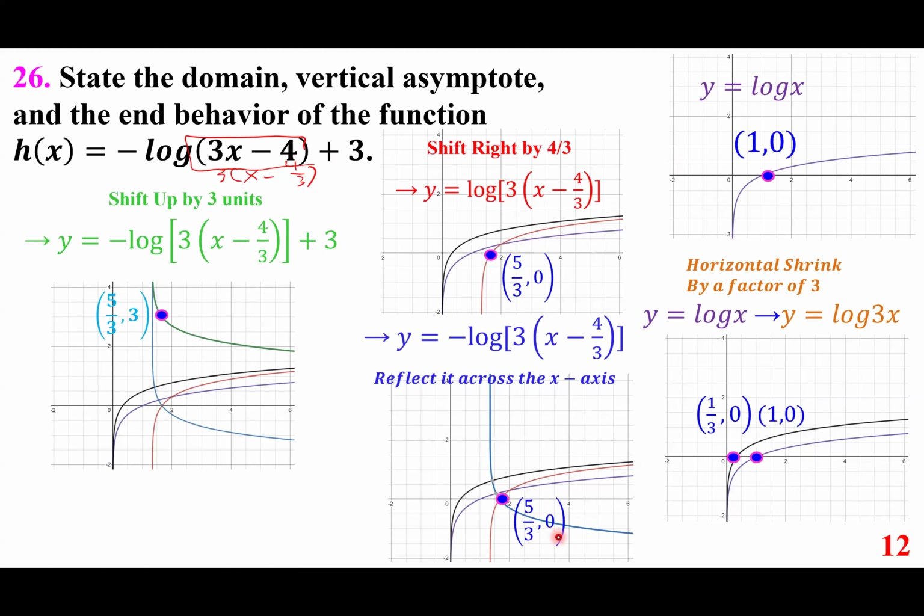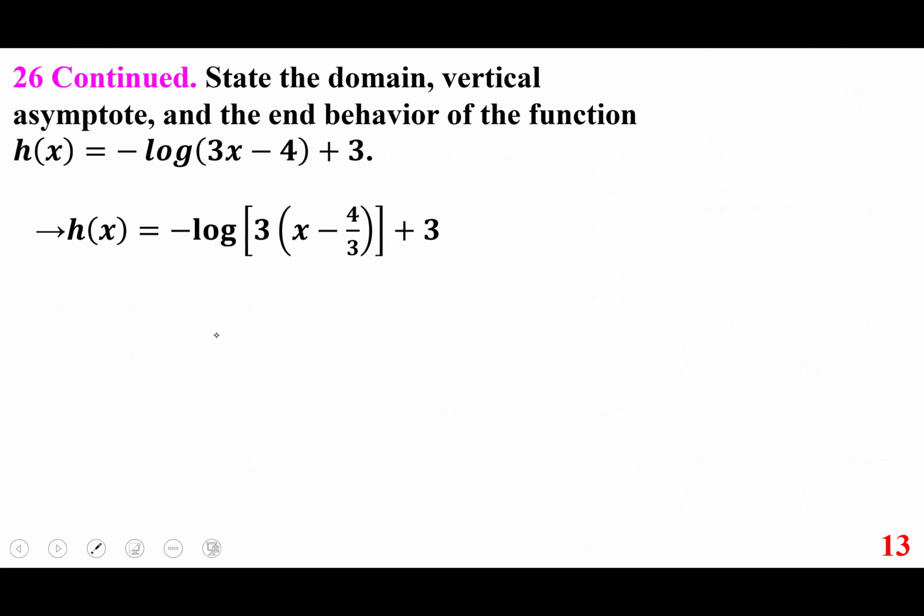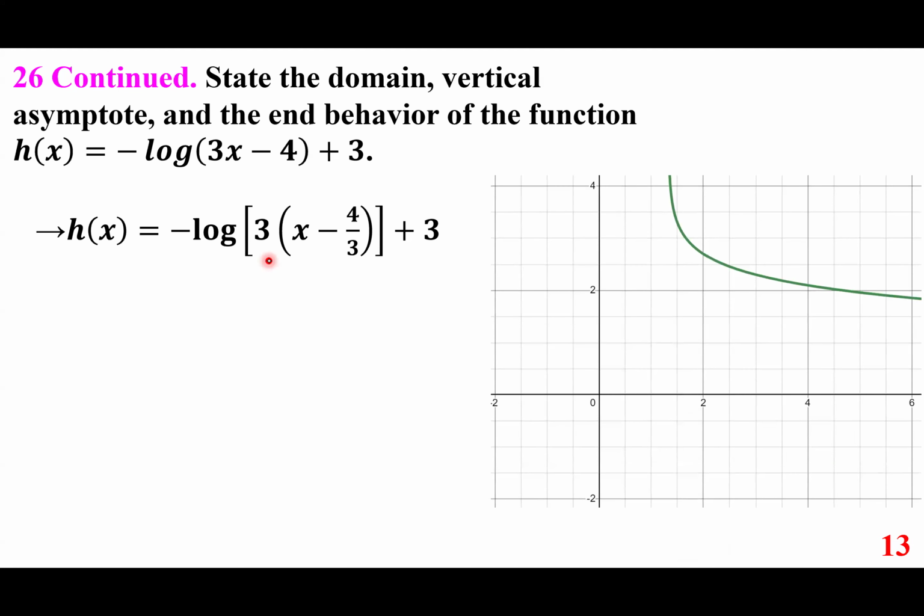And to make sure we understand what we are dealing with, we want to work on this with a little bit more detail so everybody is clear as to what's going on. So this is the result. Again, we've factored out the 3, and it looks like this.